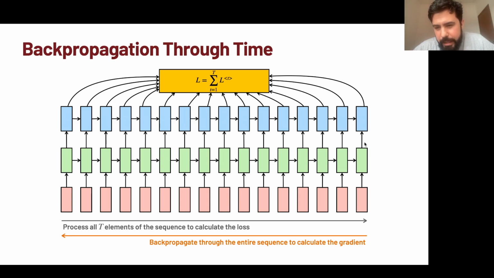So when I'm backpropagating, I'm flowing the gradients backwards all the way to here, because I need the gradients of the loss function with respect to W0. And this is really tricky in RNNs, especially if you are processing long sequences, because it makes it really challenging to train these models, because we need to update the weights over time like this.